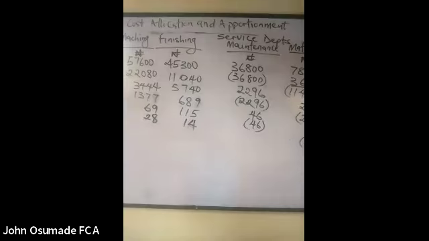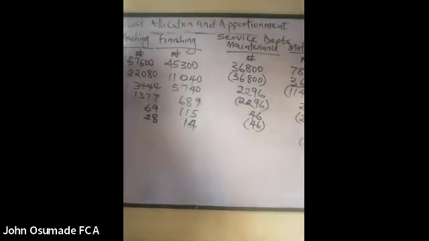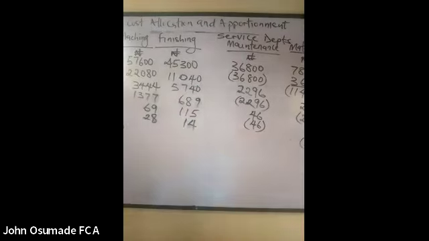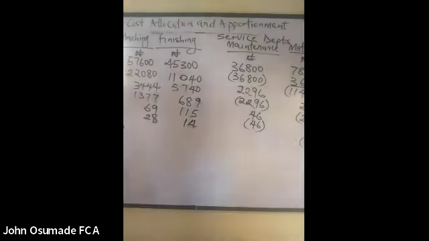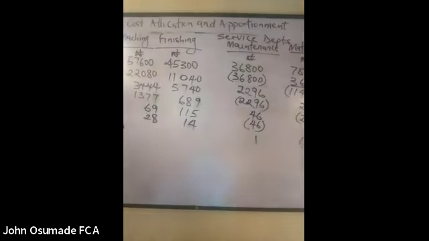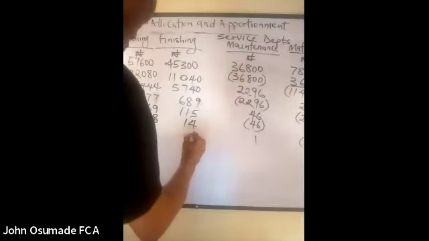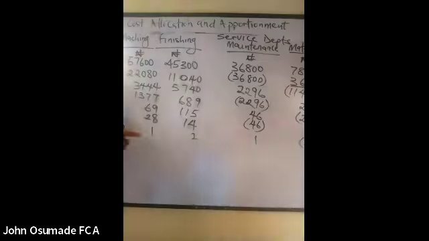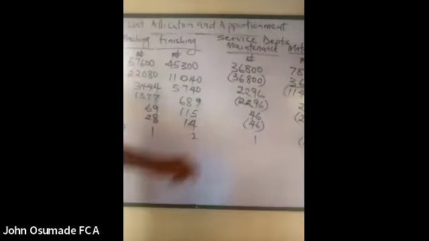That is 30, 50, 20. 20% of 4. 0.8. 1. 50% of 4. 2. 30% of 1 point something. 1. 1 plus 2, 3. Plus 1, 4.